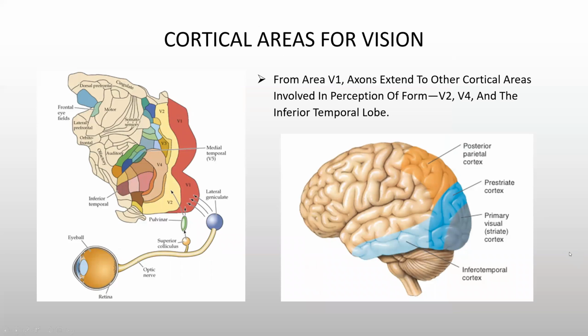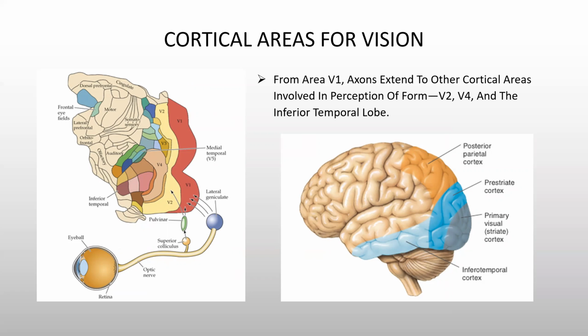Okay, so up to this point, we've only mentioned that the information for the visual system leaves the lateral geniculate nucleus of the thalamus and goes to the primary visual cortex, also known as striate cortex. But that information can also go to pre-striate, okay? It can also go to the posterior parietal cortex and also to the inferior temporal cortex.